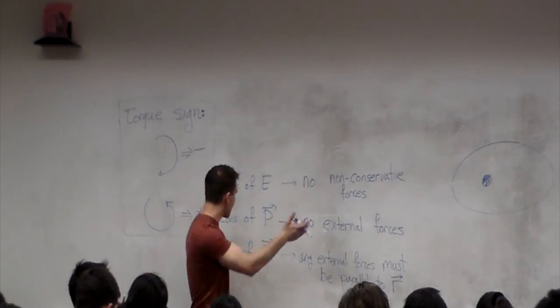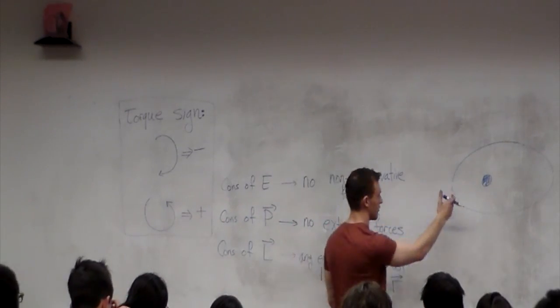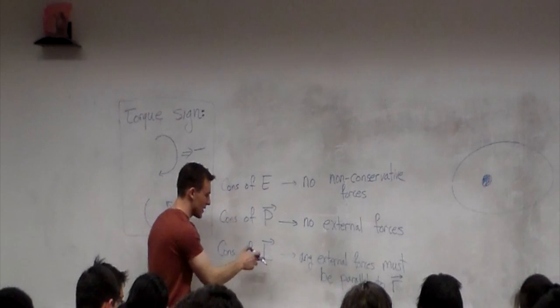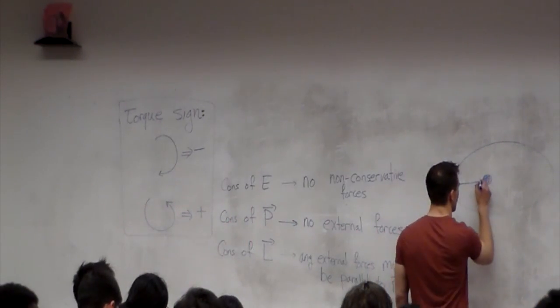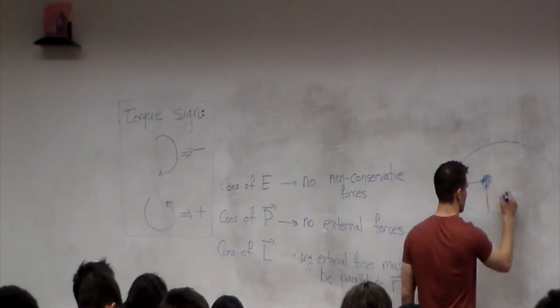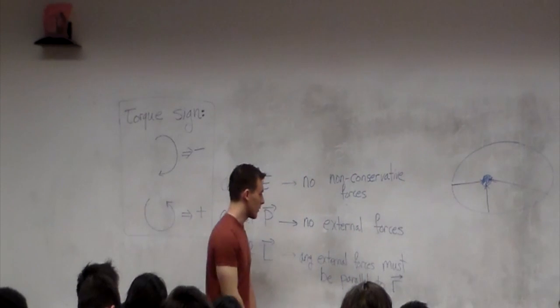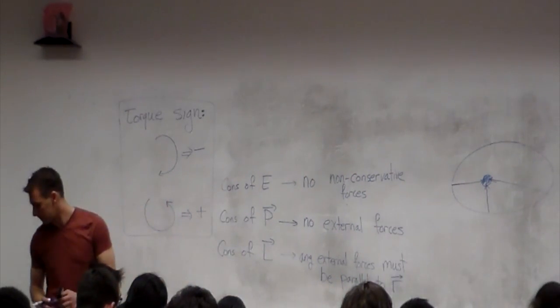So obviously linear momentum is not conserved, because there are external forces: the gravitational force from the planet, or the black hole, or whatever. But angular momentum is conserved, because even though there are external forces, they're all acting straight inward towards the thing that's applying the force. Okay? So this is a hierarchy that you need to be comfortable with.